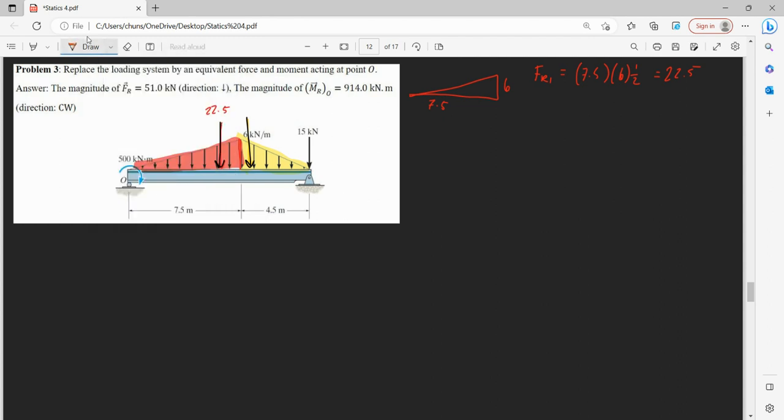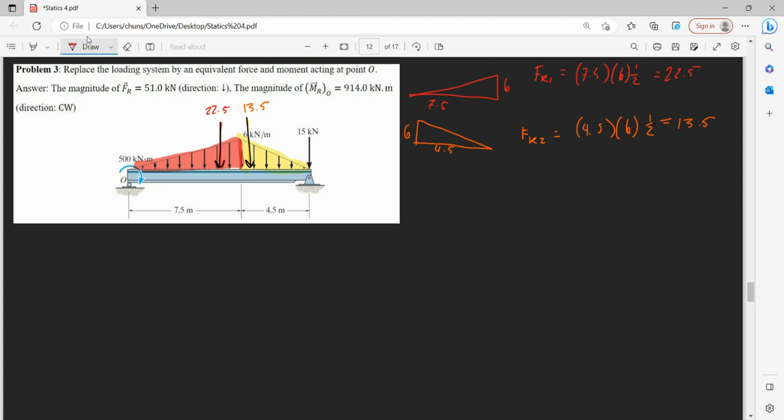And then for our second triangle, it's 6 in height again, we have 4.5 base, so this is 4.5 times 6 times half, which is 13.5 kilonewtons. And let's find where these forces are going to act.